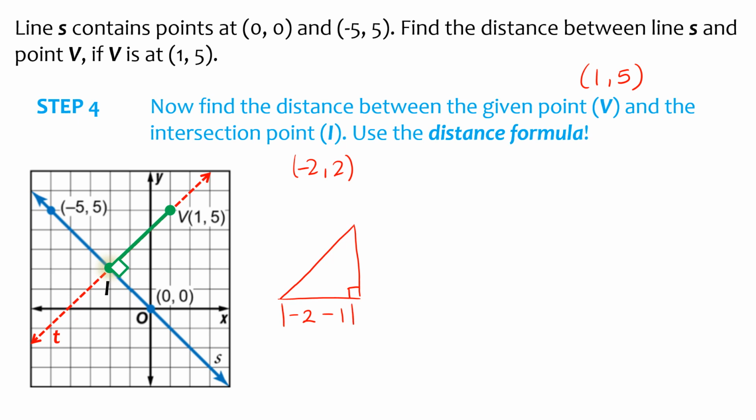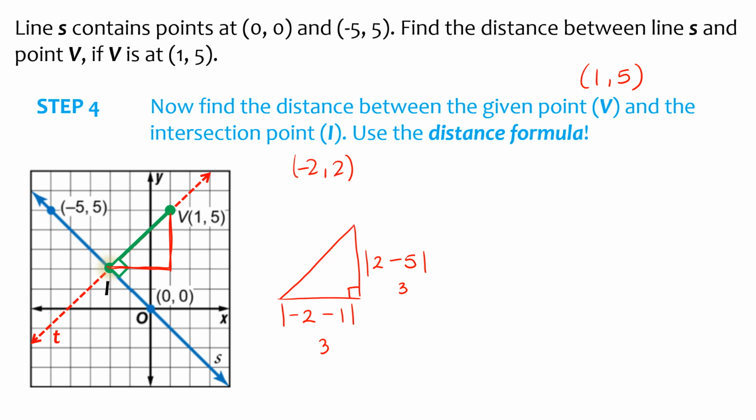So my horizontal distance, we might think about like -2 minus 1, but of course we're going to take the absolute value of that. So that's the absolute value of -3, or +3. We have our vertical distance, which we could say is 2 minus 5, but again, the absolute value of that, so 3 as well. Of course, we could see this on the graph. Again, not every question is going to be quite so nicely graphed, so it's good to have an algebraic background as well.